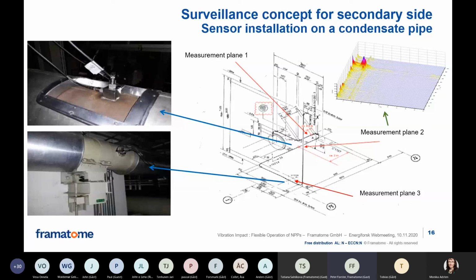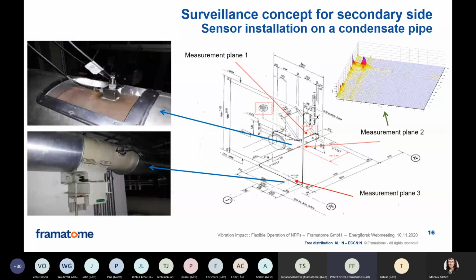In the middle, you see the isometric view, and in the upper right corner, you see a waterfall spectrum. On the abscissa, in the lower part, you see the frequency, and going to the right corner, you see the time, and you see at approximately 3 Hertz, there's a latent natural frequency oscillation.